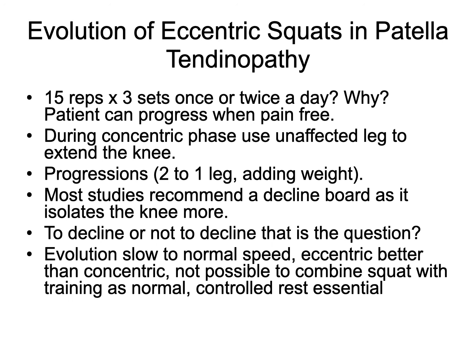You can also do lowering off a step on the affected leg and introducing jumping activities. And they don't necessarily need to be sport specific, i.e. they're not really needed for runners with jumping exercises. And also using a decline board. A lot of studies recommend using that because it tends to isolate the knee more.